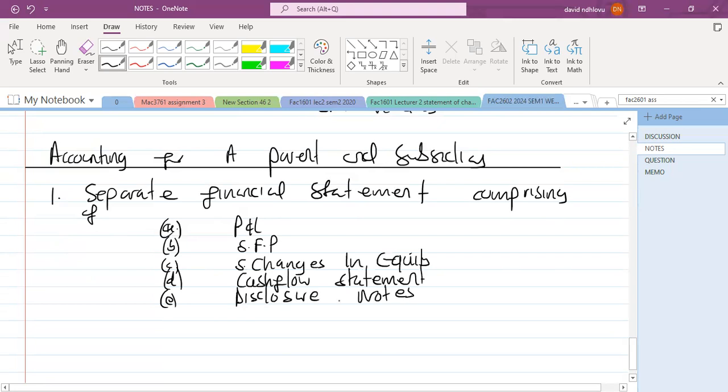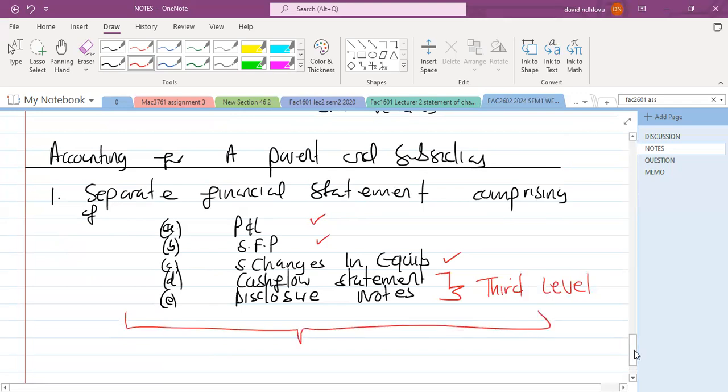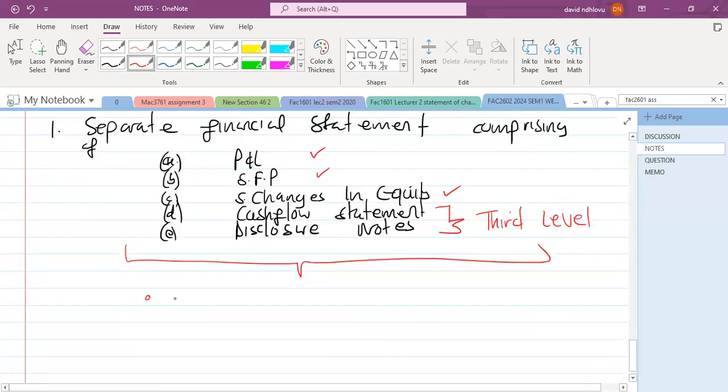So basically, when you look at the financial statements of a company, this is what you are going to have. In this module, we are going to look at the P&L, statement of financial position, and statement of changes in equity. The other two will be covered in later modules at that level. Each entity will prepare its separate financial statements.